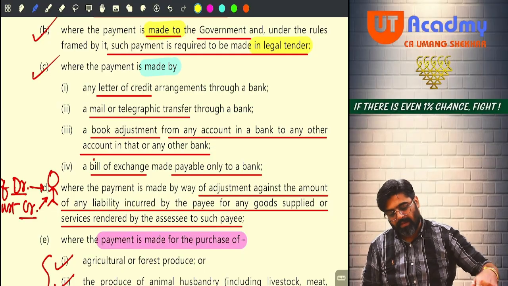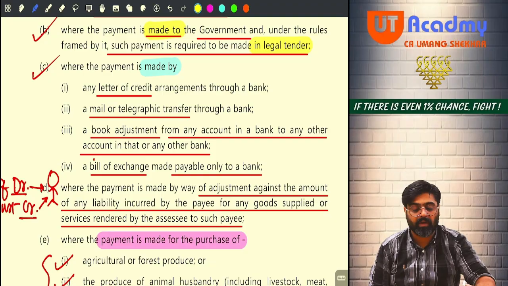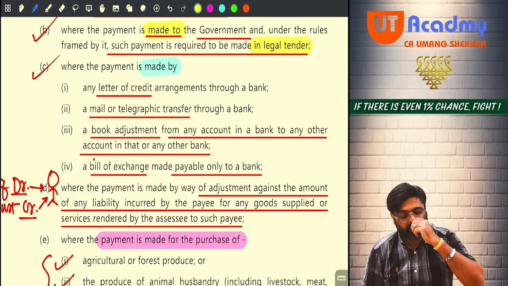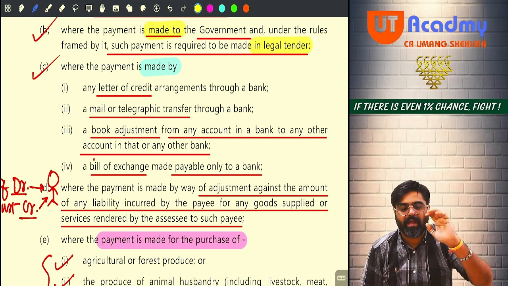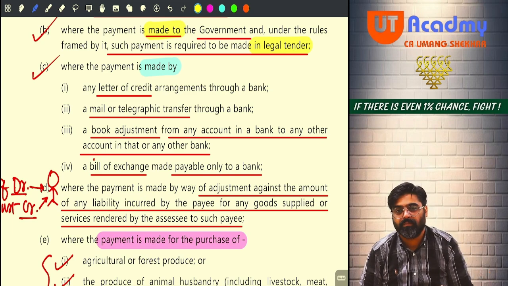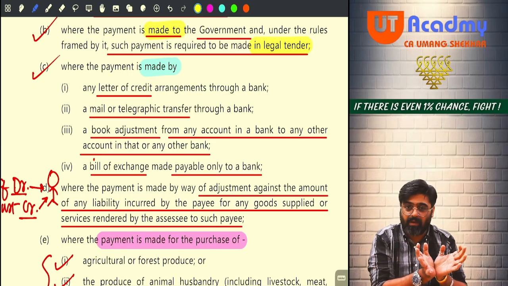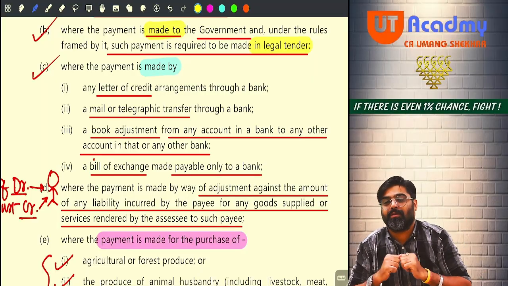Now next one. Any book adjustment from any account in a bank to any other account in that or any other bank. Wow, wonderful. See, I have incurred some business expense or the expense for my profession. And for that I am supposed to make the payment to Kaushik. Kaushik is having a bank account in the same bank where I also have a bank account.